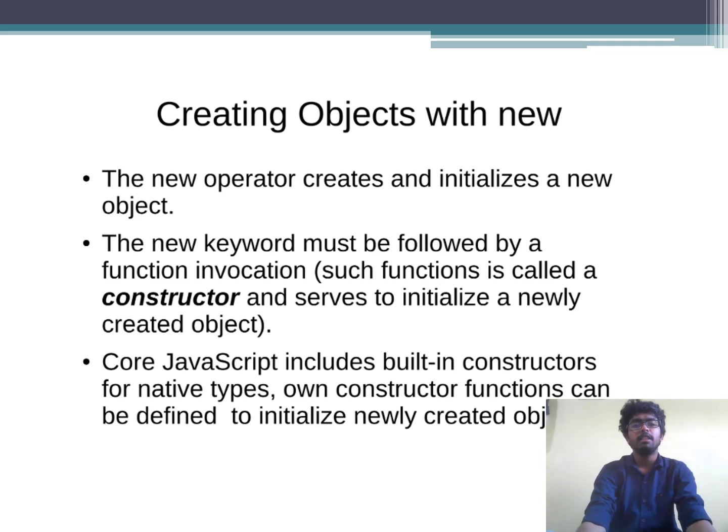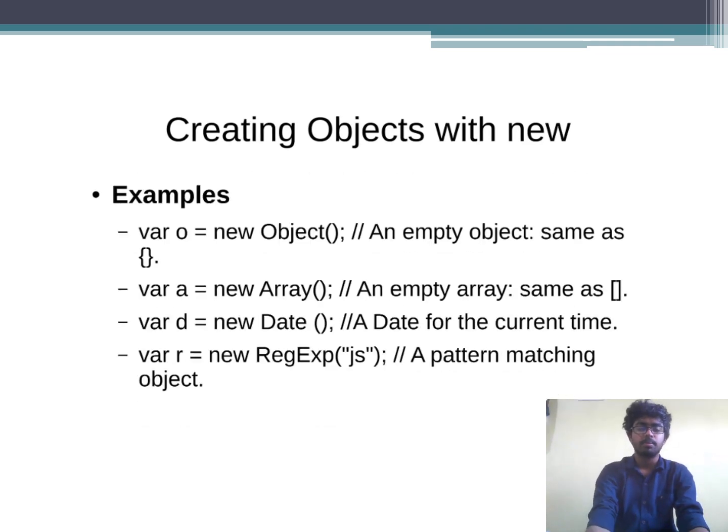Core JavaScript includes built-in constructors for native types. Our own constructor functions can be defined to initialize newly created objects. These are the examples for creating objects with new.